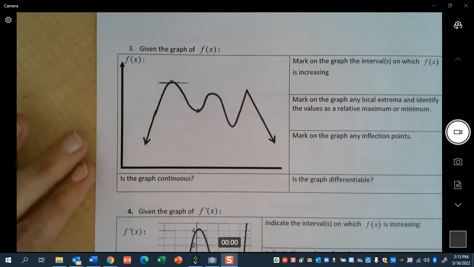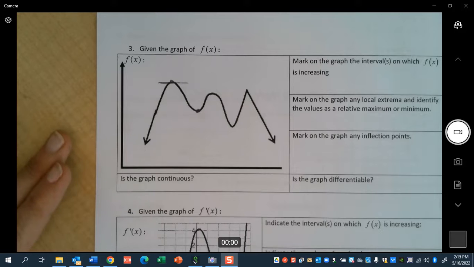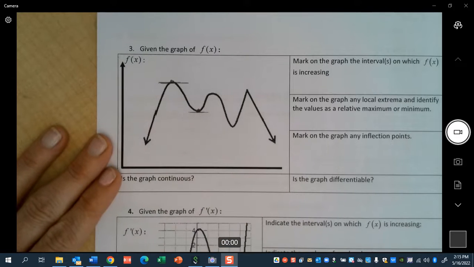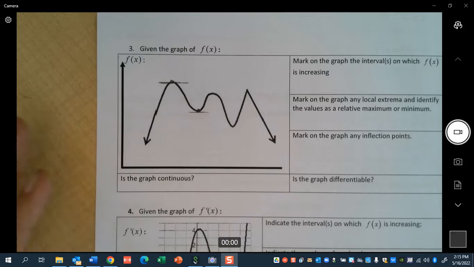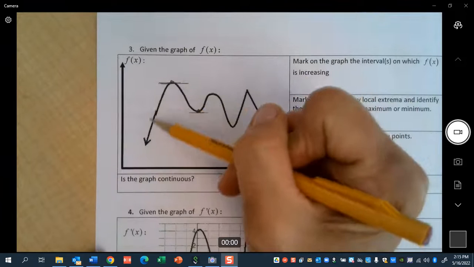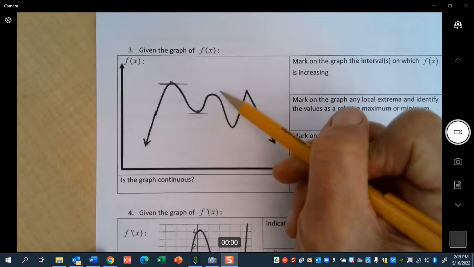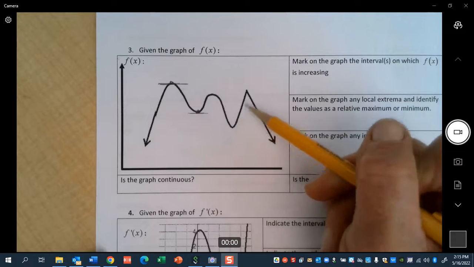Every single person could tell me where the mins and maxes are on this graph. So it comes down to where does the derivative equal 0? Because that's when the slope of my tangent line changes sign. It changes from positive to negative, from negative to positive, from positive to negative, from negative to positive.